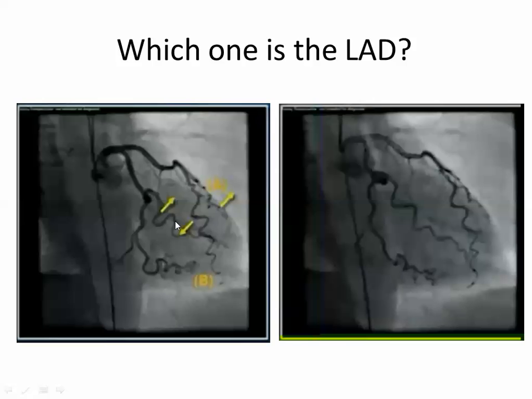But the LAD may be totally occluded without a stump, so you can't see it. By this sign you can differentiate: there is no vessel moving in the opposite direction against the OMs and CX, so the LAD is totally occluded.